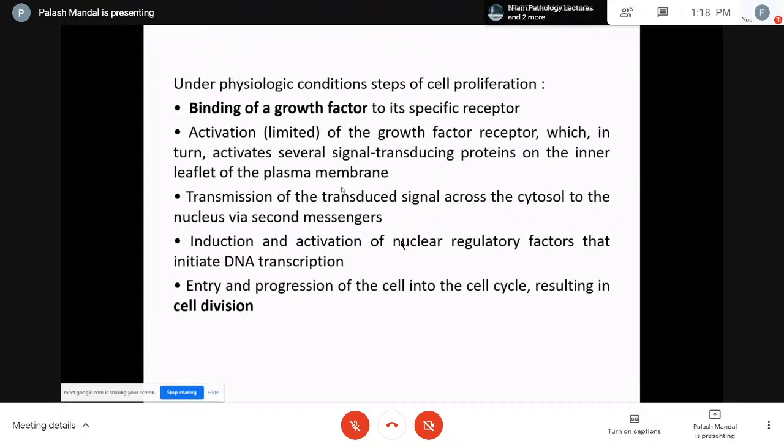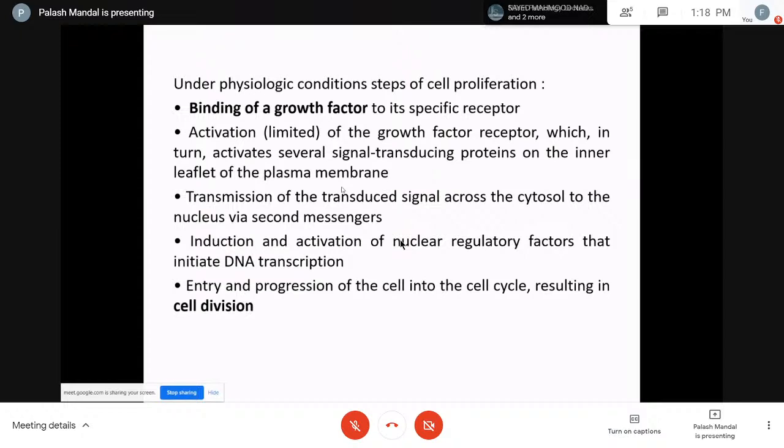The protein on the inner side is acted upon by the growth factor receptor, which after activation leads to the activation of the signal transducing protein.